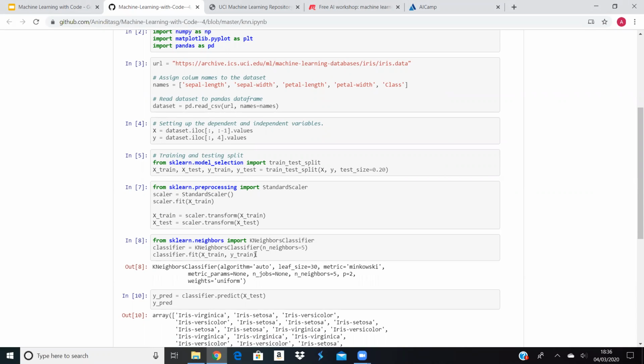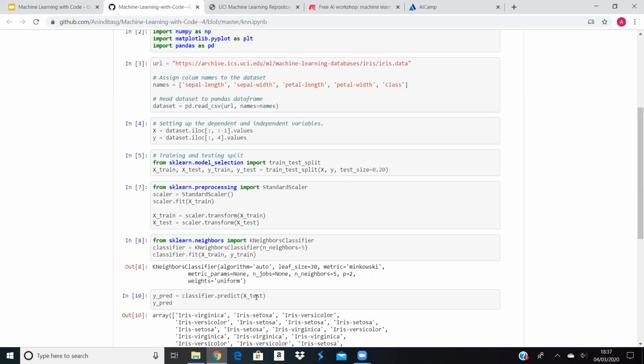So once we have built the classifier, we have done the first step of fitting the data. After that, we can now use this classifier to predict the data. So our next step is to use a predicted variable of y using the test data.